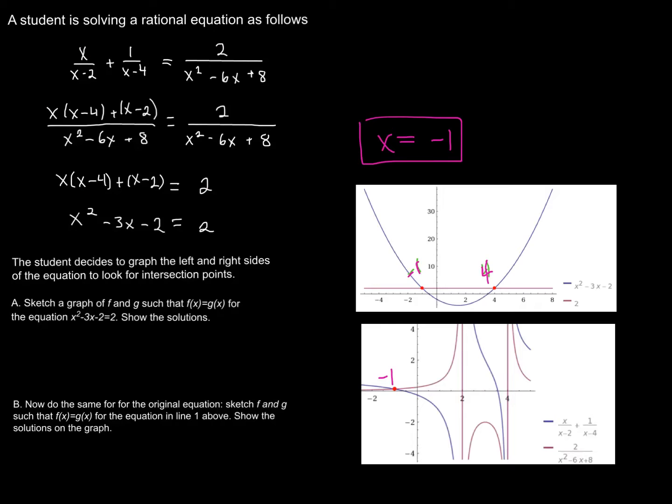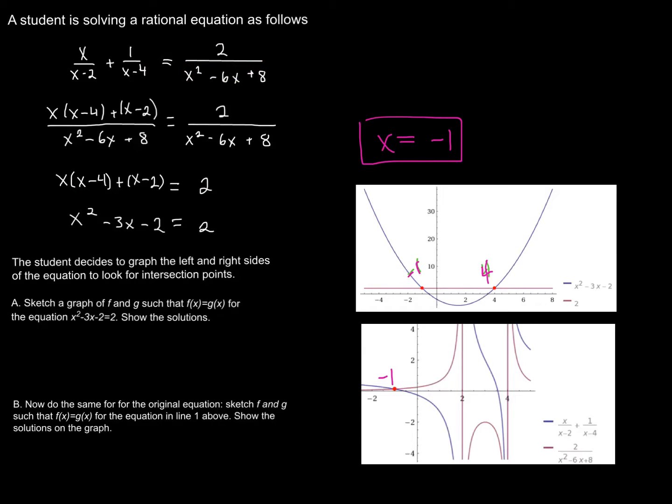If I look at this original situation, what would happen if I plugged in x equals 4, if I plugged in 4 for x? Well, you'll notice here I get 4 over 2, that's fine. Here I'm going to get 1 over 4 minus 4, which is 0. Now 1 over 0 is undefined, so the left side is undefined, and right away you realize there's an issue.